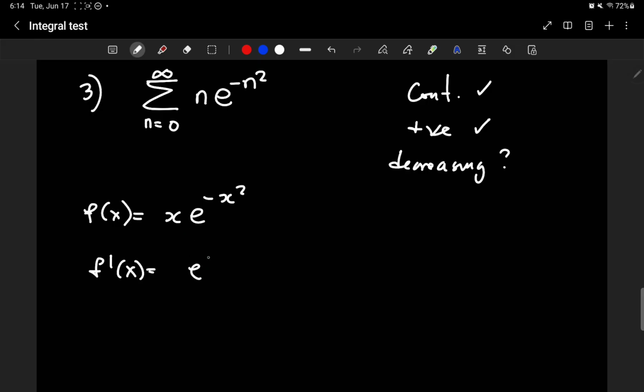First, we'll keep e to the minus x squared and differentiate x, which will be 1. Next, we'll keep x and differentiate e to the minus x squared. In this case, differentiate the minus x squared, which will give us minus 2x. And then, of course, this will remain the same, e to the minus x squared.